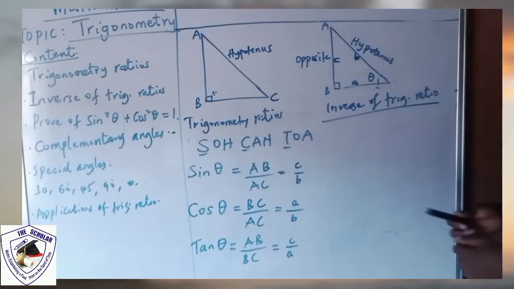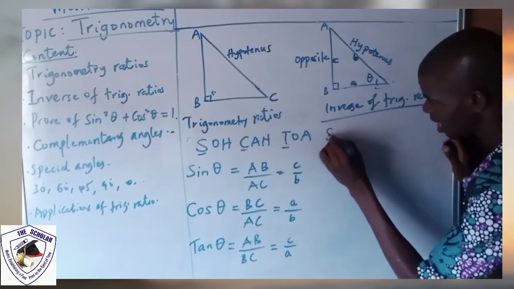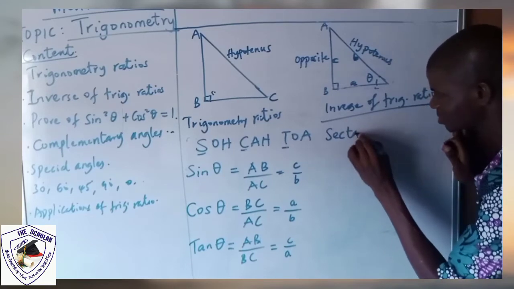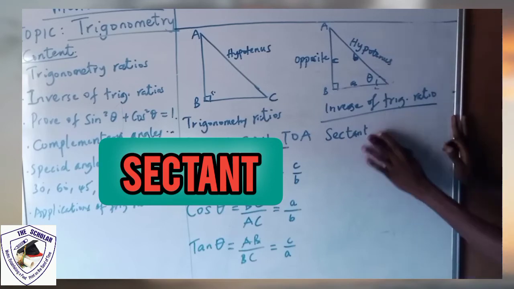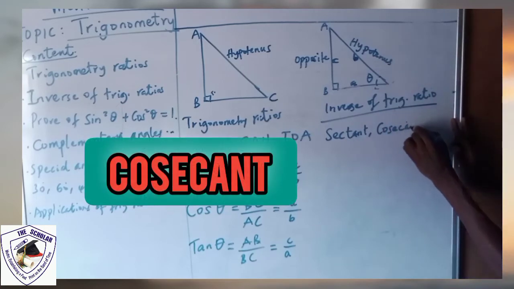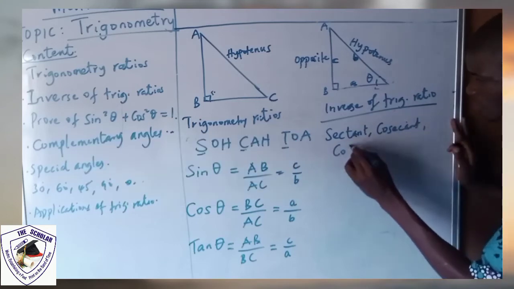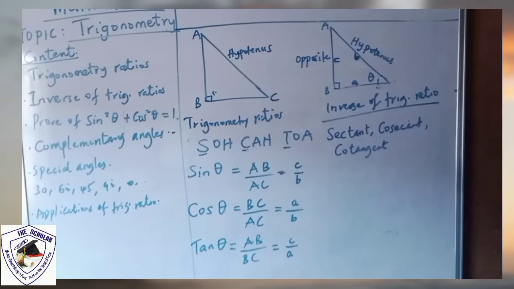The inverse of sine, the inverse of cosine, and the inverse of tangent. We define the first one as secant. That's the first inverse, secant. These are the three inverses. Secant. The second one is cosecant. And the third one is cotangent.